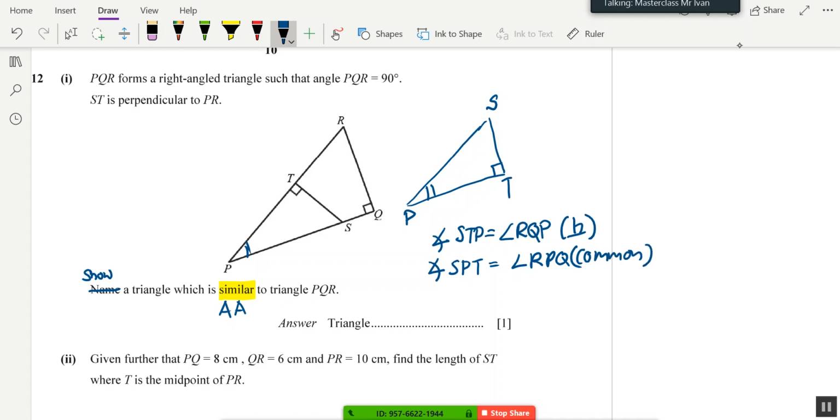So always first choice we use AA to prove similarity. And then the trick: because it's PQR, it must correspond with, you look at how I draw, PTS. You write any other combination, it is totally considered wrong.